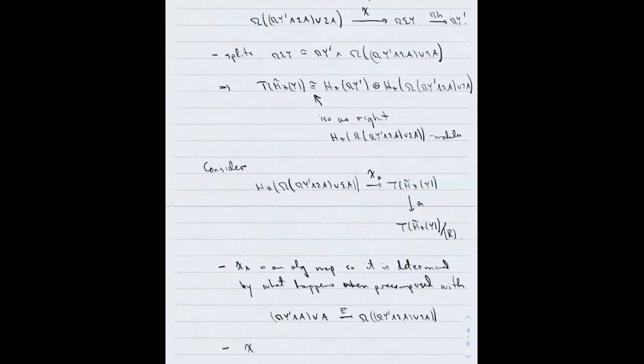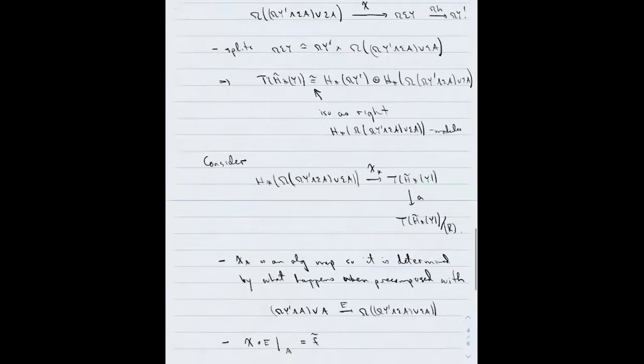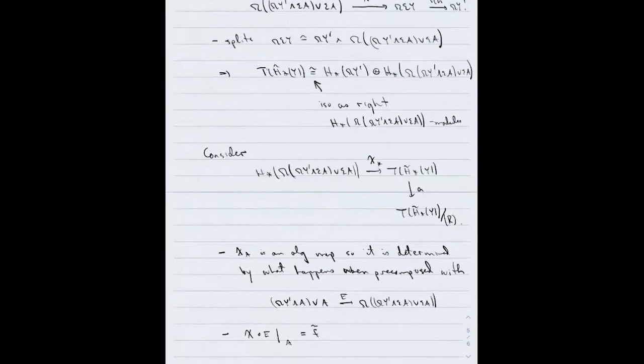So chi composed with E, restricted to A, is just this adjoint, and when we look at what happens in homology when you compose with this quotient map, well, R by definition was the image of that adjoint.